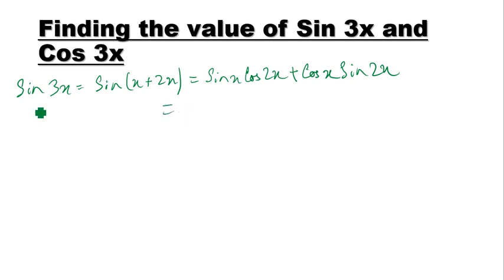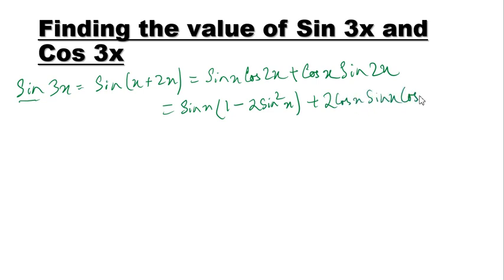Now see, since they are sine, for cos 2x we will use this formula: 1 minus 2 sin square x. Okay. And for sin 2x, we know 2 sin x cos x.